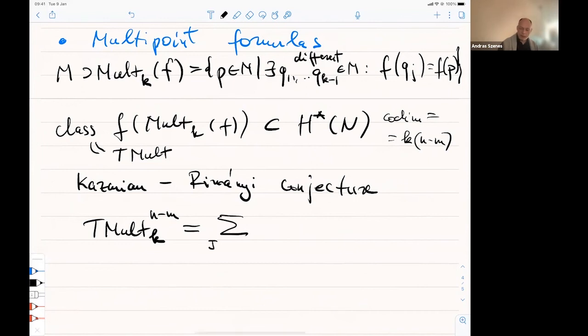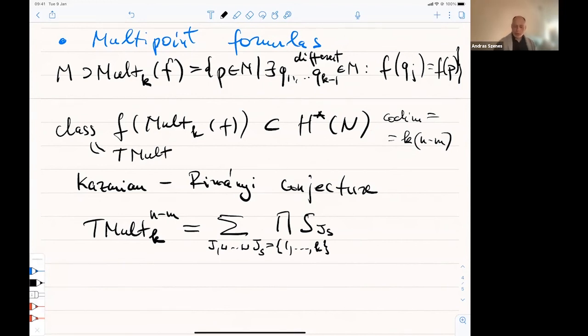What you need is to partition the indices into parts.